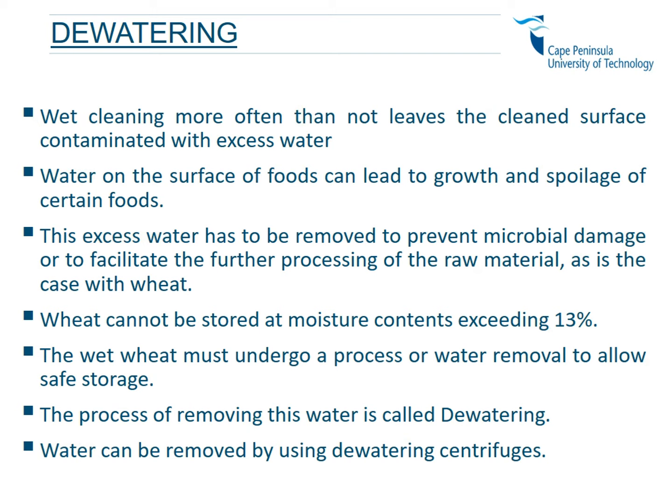In future chapters, we are going to cover centrifugation, so you're going to know more about how these principles can be applied. So just to conclude on this chapter, it's very important that you understand the reasons why raw materials should be cleaned.